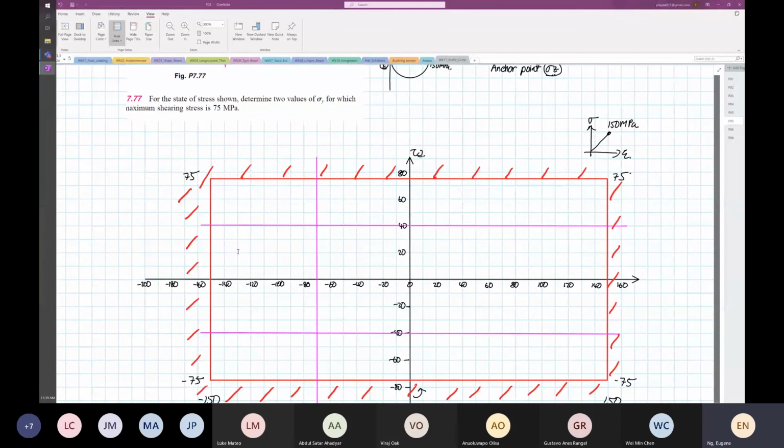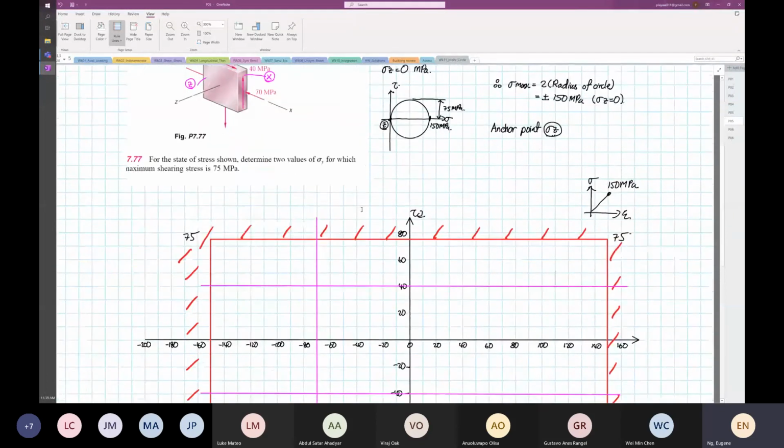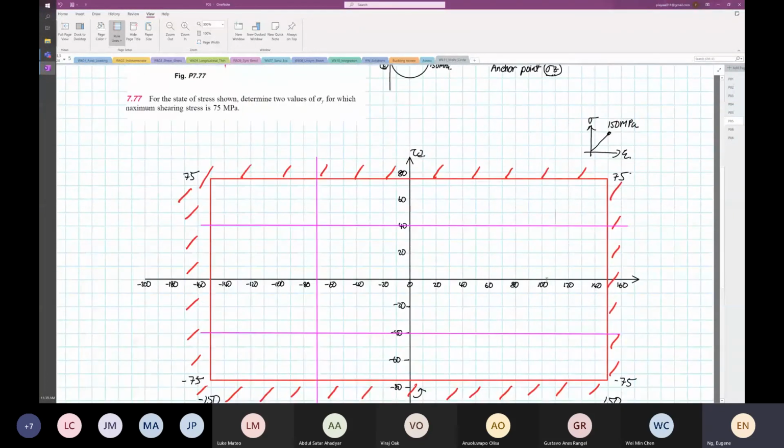And if you look at point X, the element will rotate anti-clockwise due to the 40. So anti-clockwise is at the bottom. So from here, this is our point X.